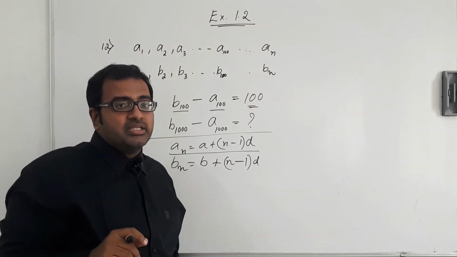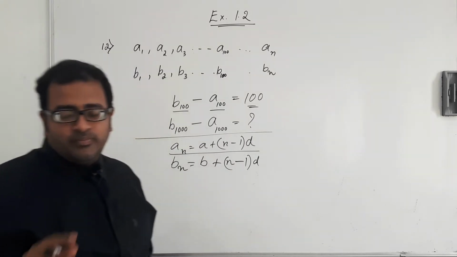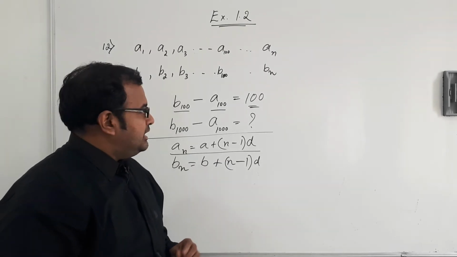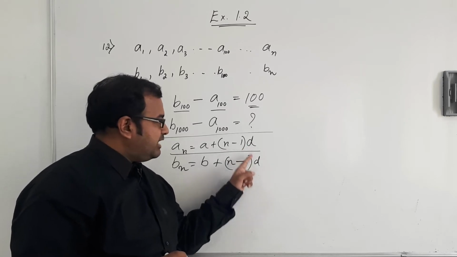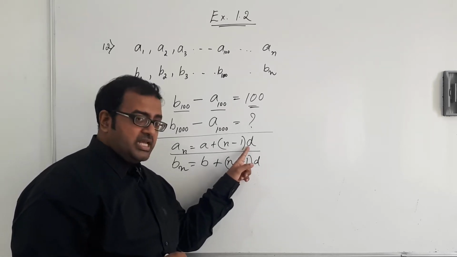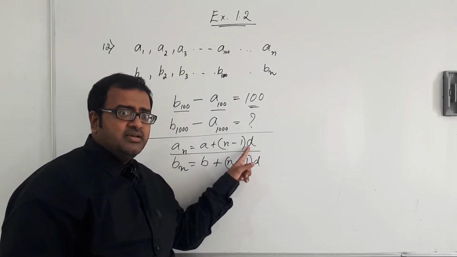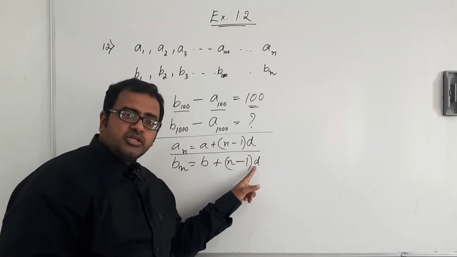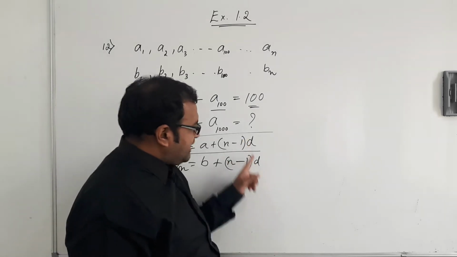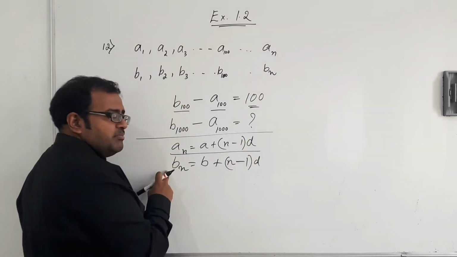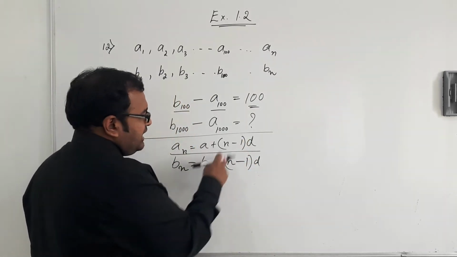Let us have a look at the question once more. Since they have given that the common difference is same, I am using the same letter in both places. Here I am using d for the common difference of the first AP, and here also d for the common difference of the second AP. How come the same letter is used? Here you used A and B, different, but n and d I am using same.